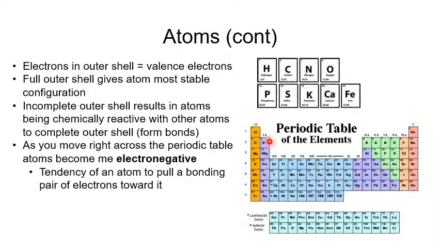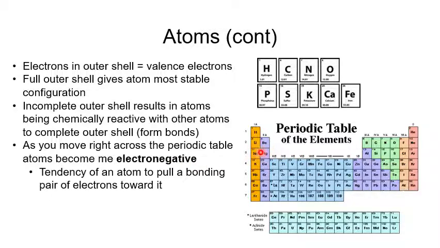These atoms over here want to give away electrons, where atoms closer to here want to really take electrons. So there is a term called electronegativity. And as you move across the periodic table from left to right, the electronegativity increases.